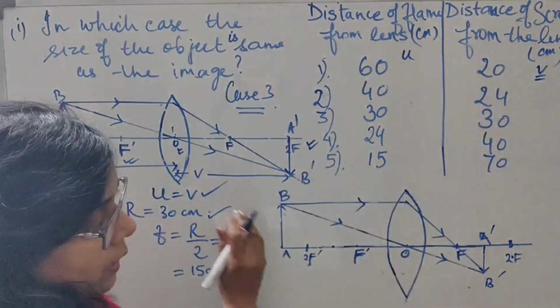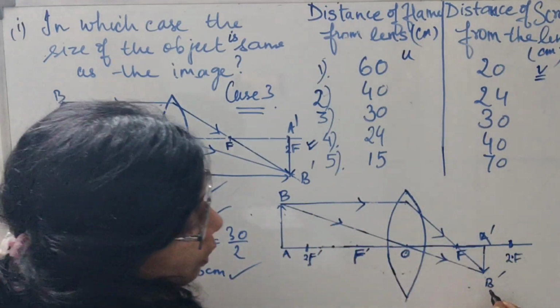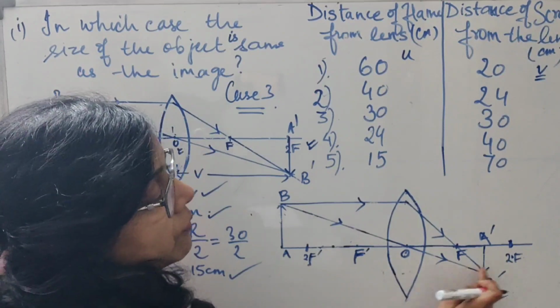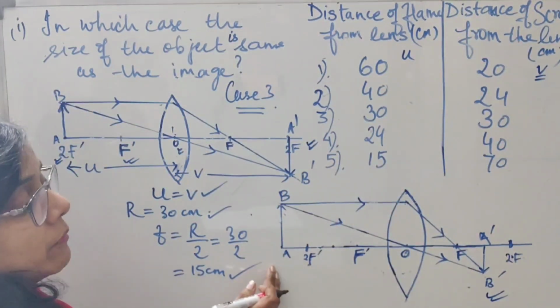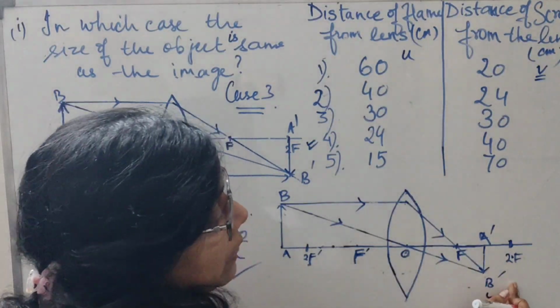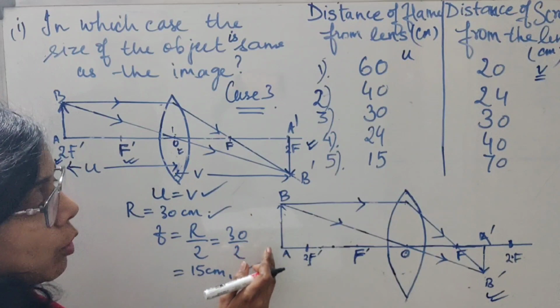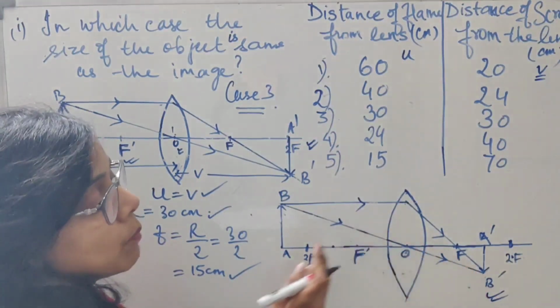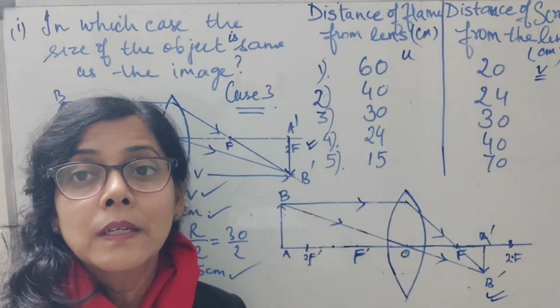So by using the rules, I got the image here between f and 2f. So whenever the object is beyond 2f dash, then the image is between f and 2f and it is smaller than the object. You can see the image formed is smaller, and they were asking us in this part when the image will be smaller.